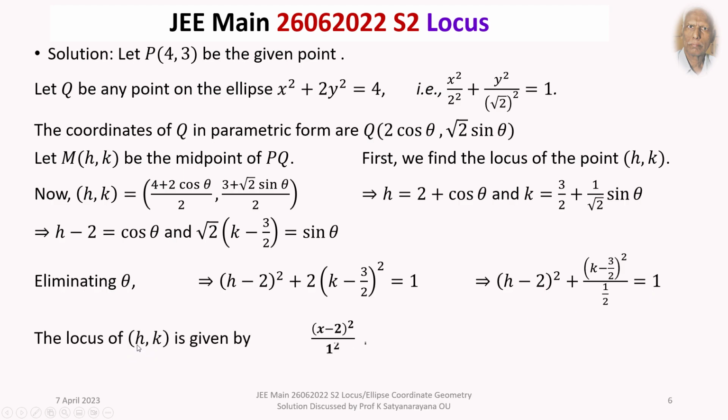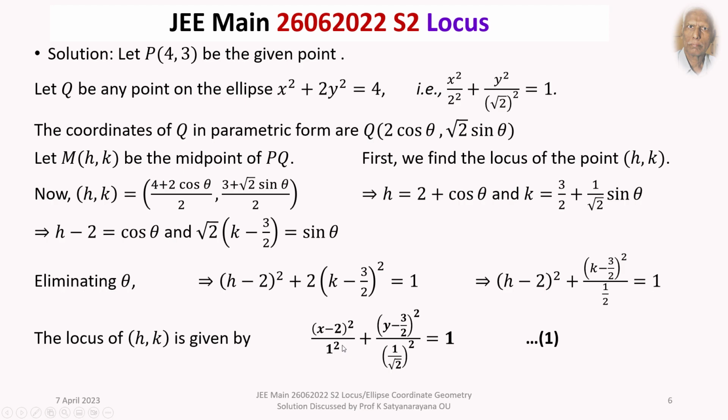The locus of (h, k) is given by replacing h by x and k by y. We get (x minus 2) whole squared by 1 squared plus (y minus 3 by 2) whole squared by (1 by root 2) squared, putting it in the standard form of an ellipse.